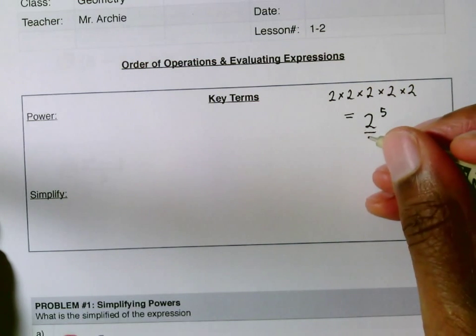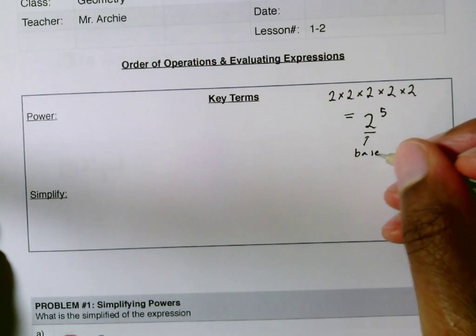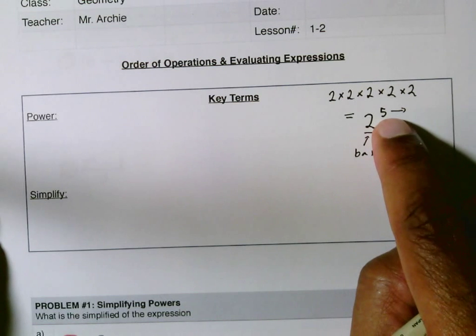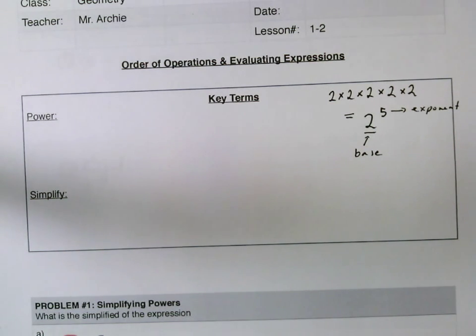This big number, the 2, is known as the base, and this little superscript, the 5, is known as the exponent. It's a shorthand way of writing successive multiplication.